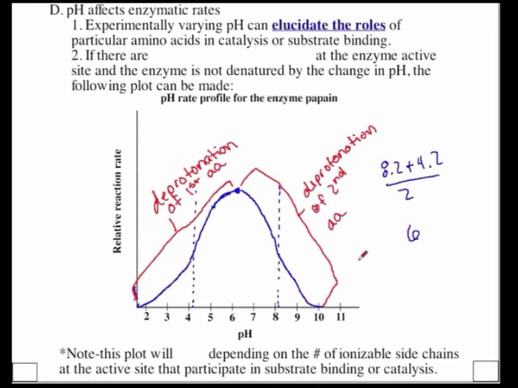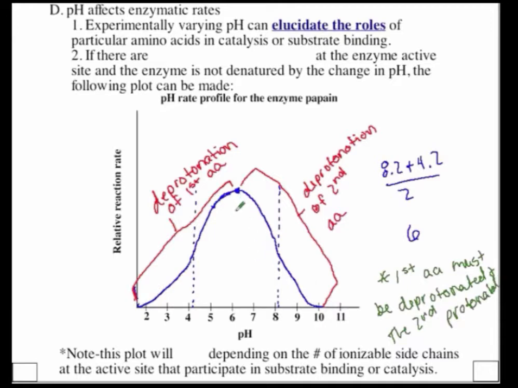So what would be true then, we can just star this and write this down, is that the first amino acid must be deprotonated and the second protonated in order to see activity of the enzyme.